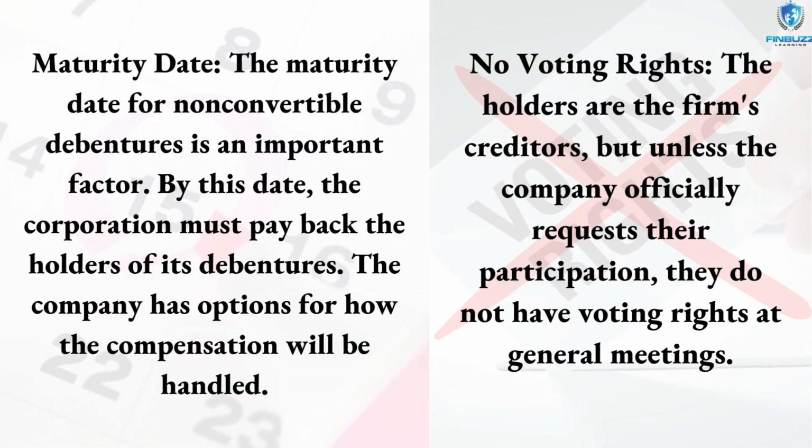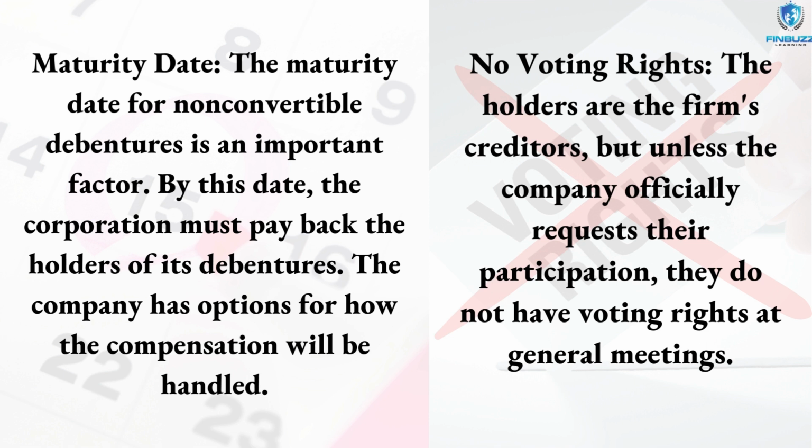The next feature is the maturity date. The maturity date for non-convertible debentures is a crucial component. The company must repay the debenture holders by this date. The business has alternatives regarding how the reimbursement will be made.